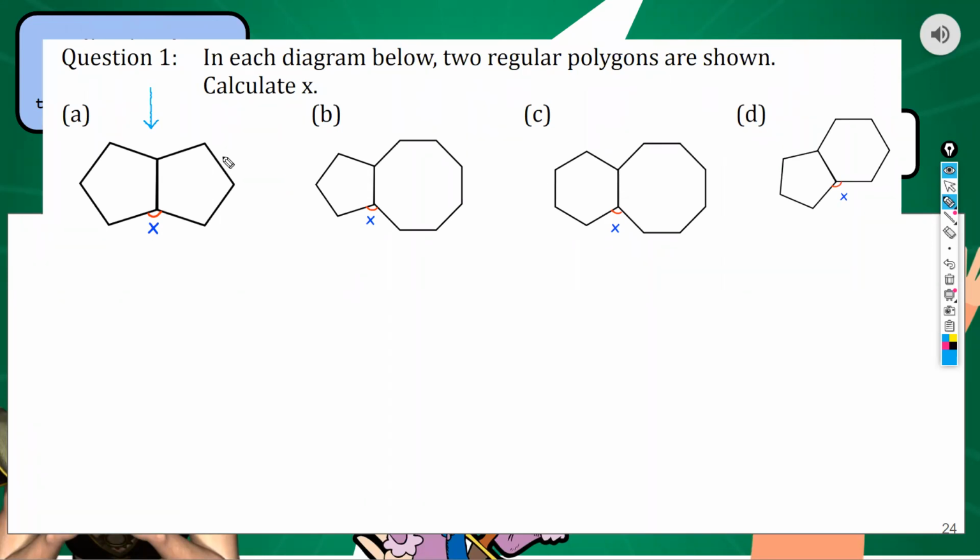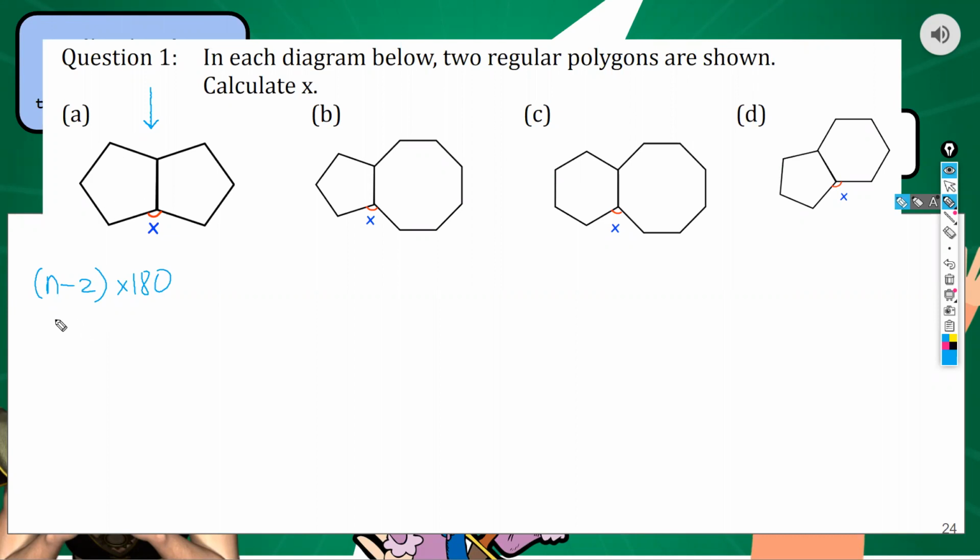We'll do a couple of them just in case you get it for your form 2, or most likely the middle of form 2 or the end of form 3, somewhere around there, you'll get questions like this. Remember, each of them is a pentagon, and not just a pentagon, a regular pentagon. So that means all the angles are the same.